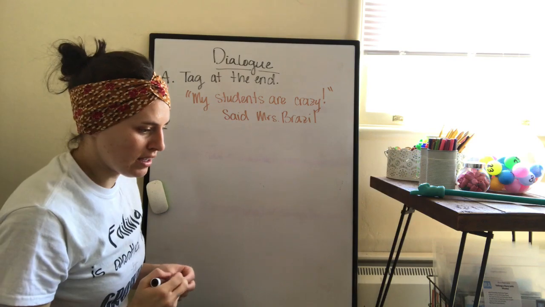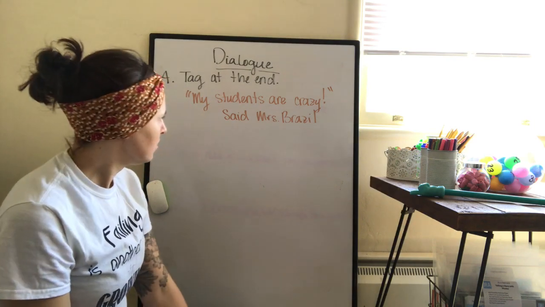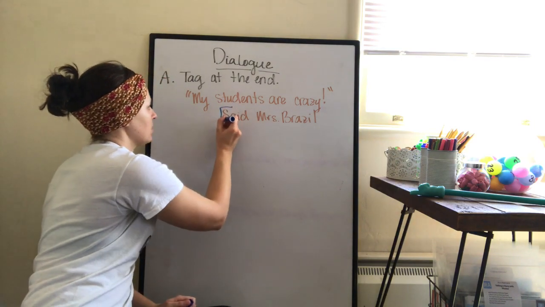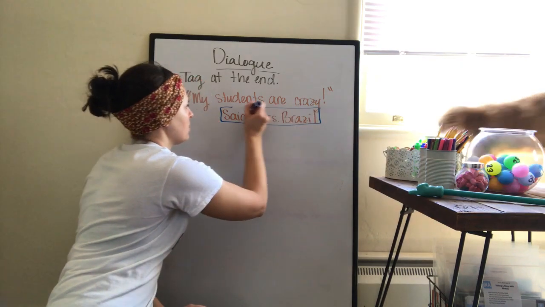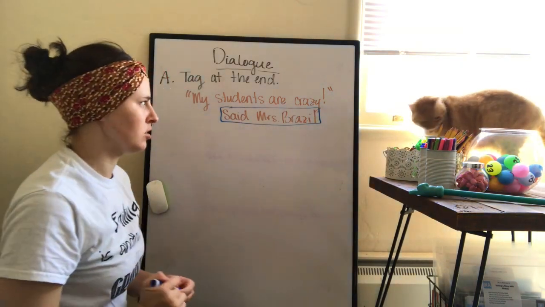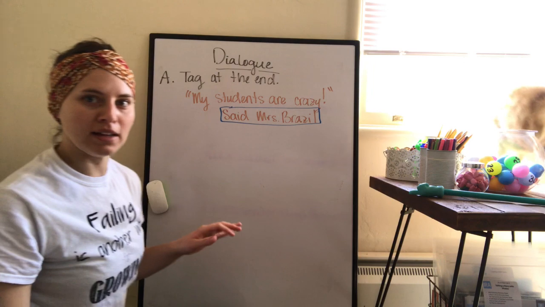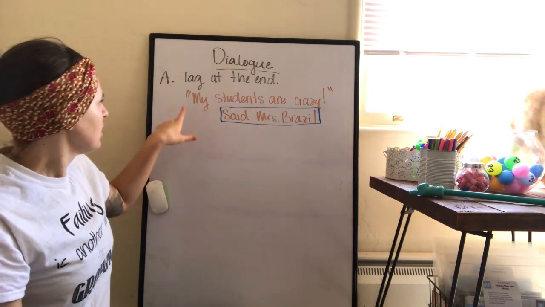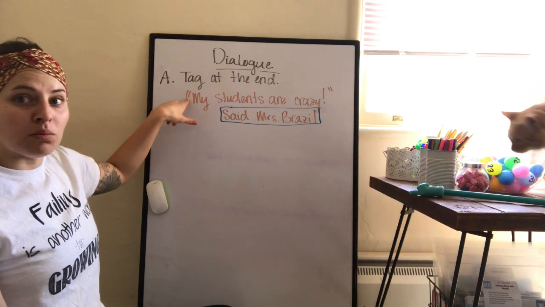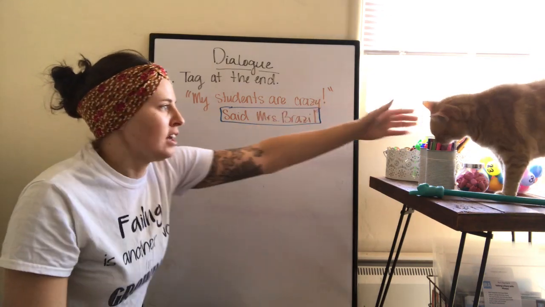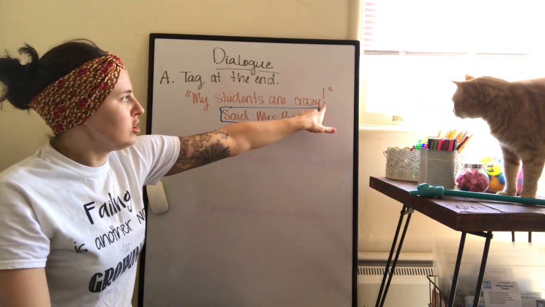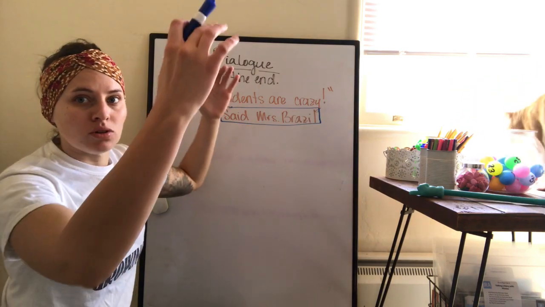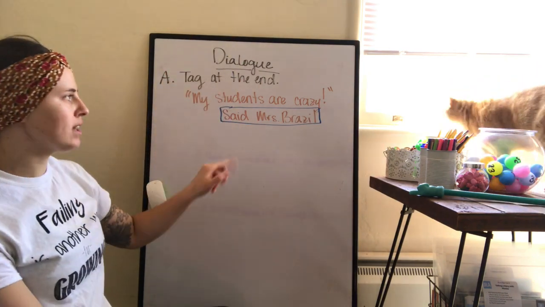So your tag is this. Oh my gosh. You better not knock anything down. That's my tag, right? I put it at the end of my quotation. Couple things to remember. Don't forget you need quotation marks on both sides. And you need your punctuation inside your quotation marks. So: my students are crazy, said Mrs. Brazil.